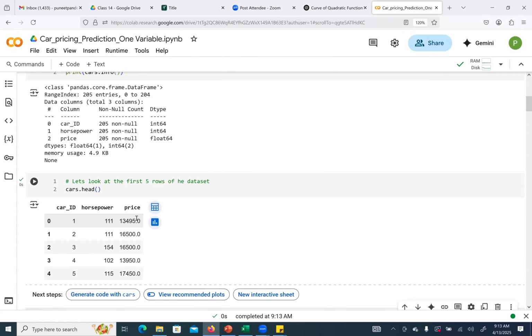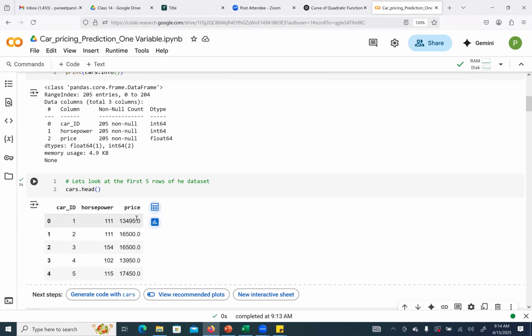Should I use car ID? Not required. Why not required? I think it's because it's unique for every car. Horsepower values can be duplicate, but the car ID will be unique, so we should choose that. There is no correlation between the car ID and price.